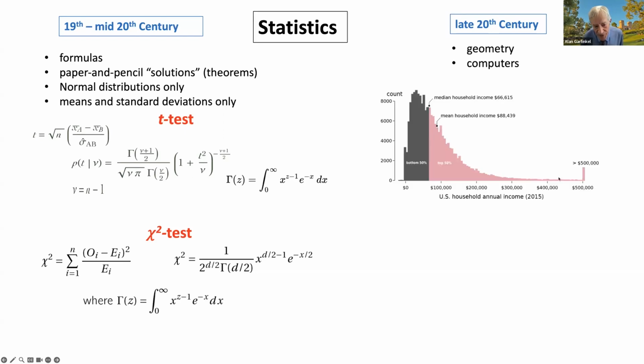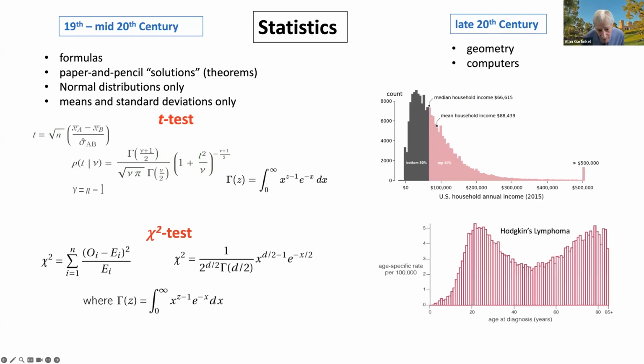In the late 20th century, we see non-normal distributions where the median and the mean are very different. And we see bimodal distributions, which you should not even begin to apply these formulas to. It's absolutely wrong. It is malpractice to apply these tests to these distributions.